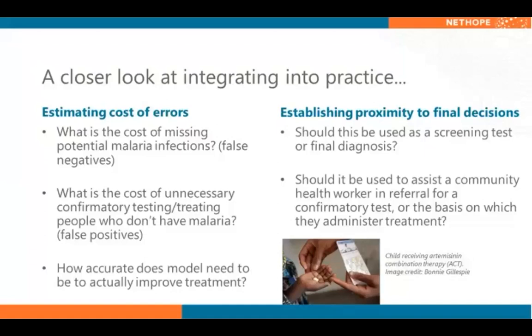Is using machine learning going to incur new costs that can be sustained or supported for a long time, or just for the near future? Also, thinking about how accurate the model needs to be to actually improve where we are today. So what is the status quo and what are we shooting for? And then the other column on the right here, establishing proximity to final decisions.